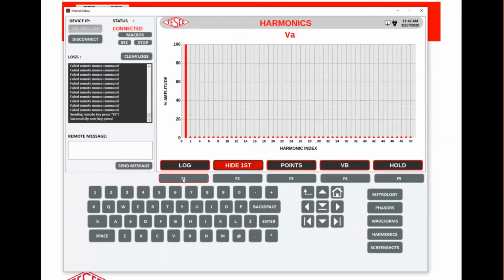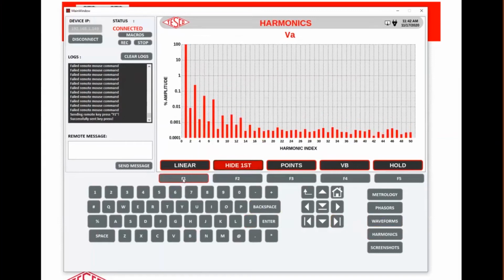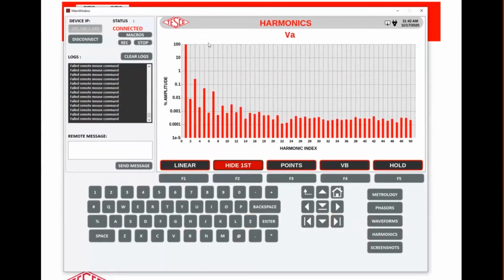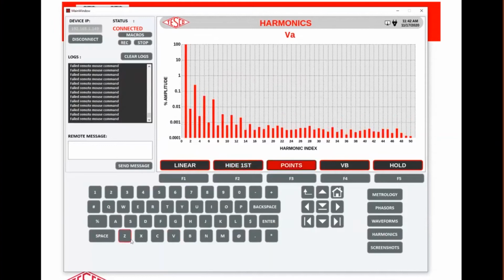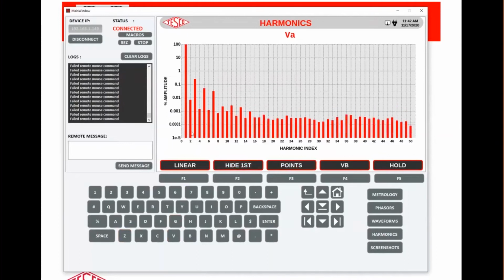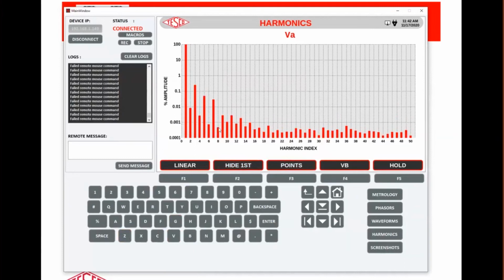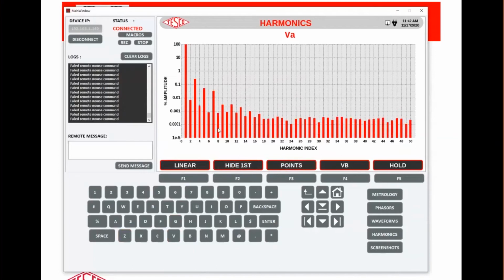If I switch over and look at that display in log mode, so that now we can see the higher order harmonics, you can see that there are a few at lower frequencies that are down in the 0.1% range, but most things are down in the 0.001% range.